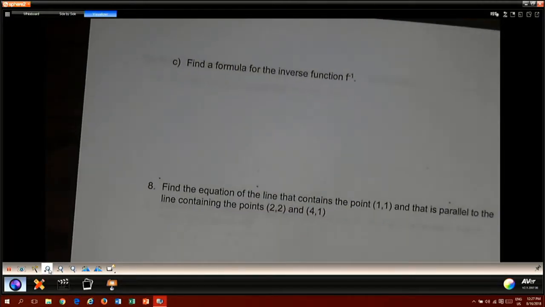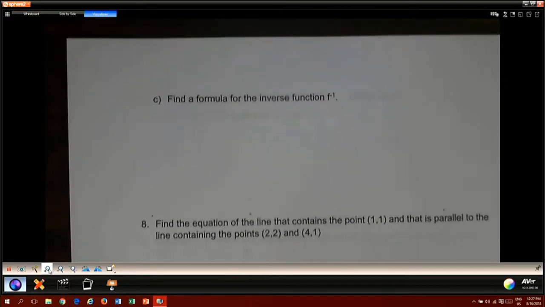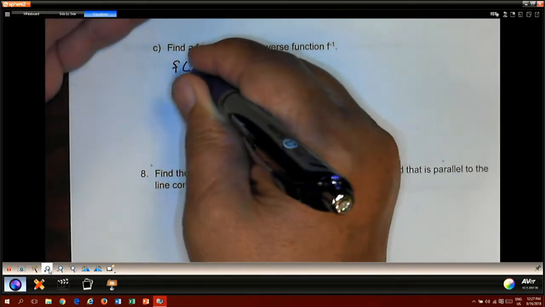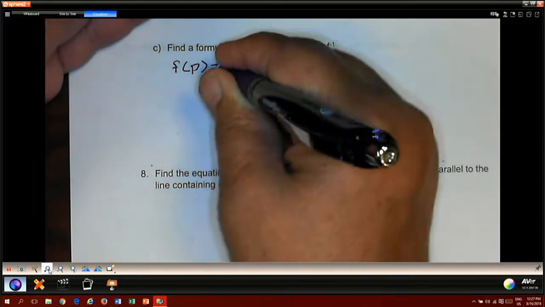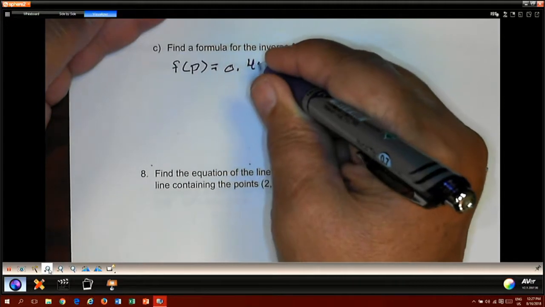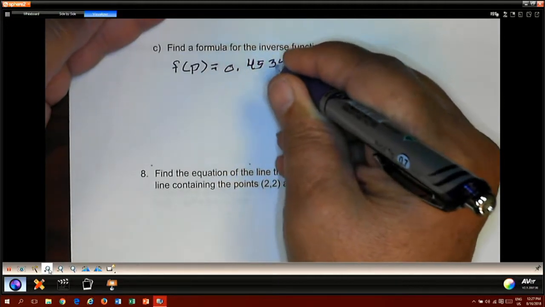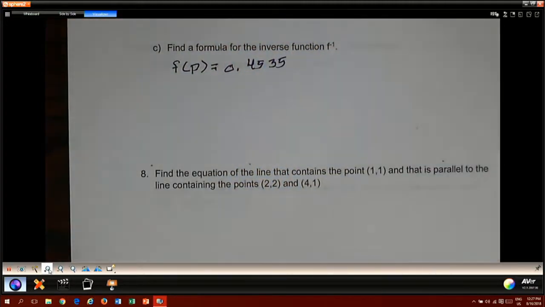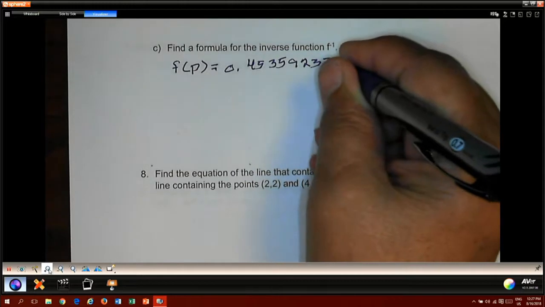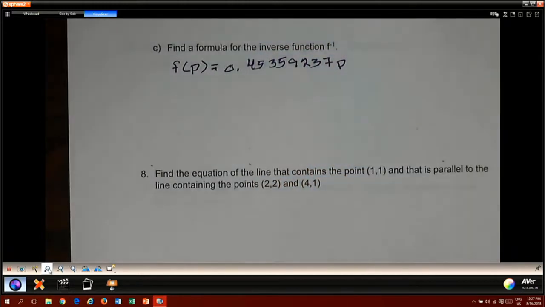Now we want to find a formula for the inverse function that we just described. Well, we said f of p is 0.45359237p.